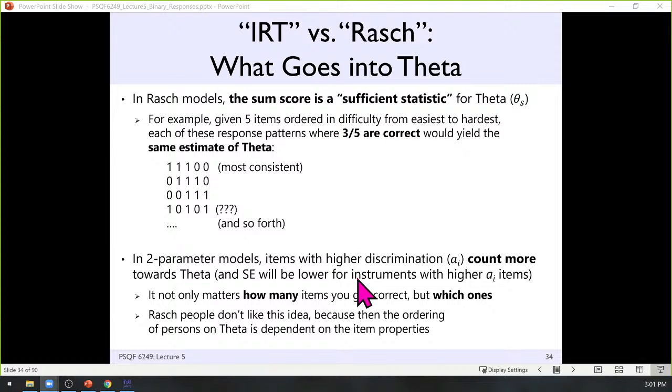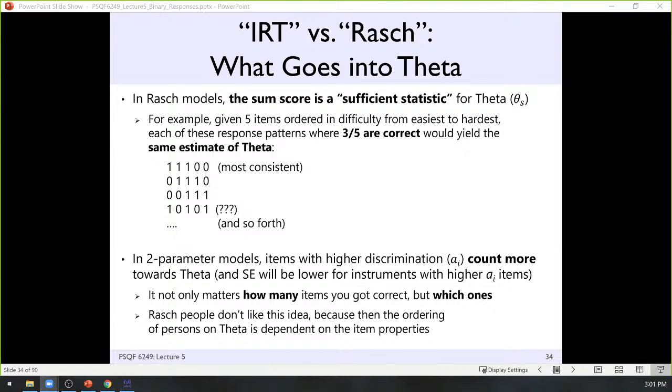Whereas if you have slopes that differ across items, to know someone's theta, you would have to know which items they got correct, not just how many. Some items count more. The items that are more discriminating count more towards what your trait is predicted to be. So it's a different animal when you let the slopes differ. But I think if they fit the data better, then that makes more sense doing that.